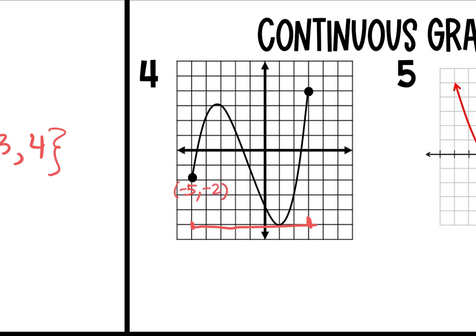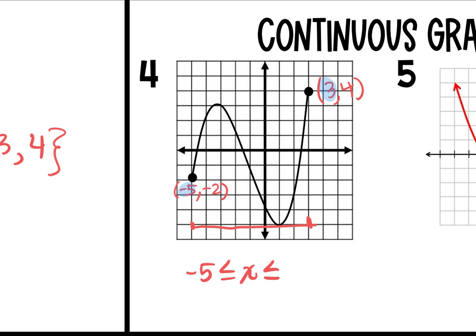So our x's will go all the way from -5, which is going to be that minimum value. So this domain would be -5 is less than or equal to x, which is less than or equal to the maximum value, which has an x value of 3.